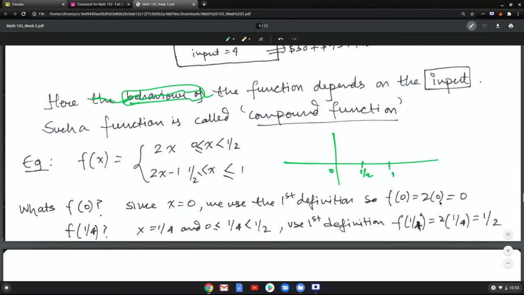So f of 0 is 2 times 0, which is 0. So I'm right here. What is f of 1 half? Now, if you look at it, for 1 half, it's not included here. It's included here. So I use this definition. F of 1 half is 2 times half minus 1, which is also 0. So it's right here.